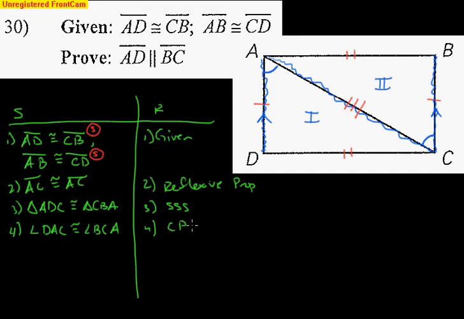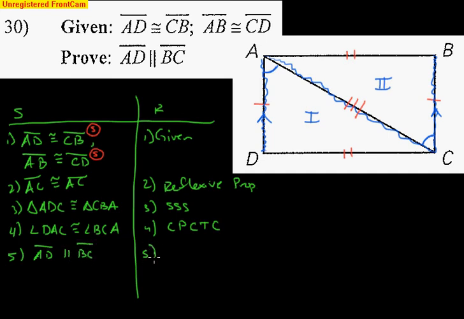This is by corresponding parts of congruent triangles are congruent, CPCTC. Well, if we look at these angles, they are alternate interior angles. And if alternate interior angles are congruent, then your lines are parallel. So we can prove that AD is parallel to BC.